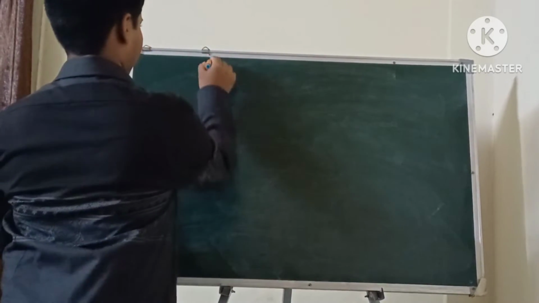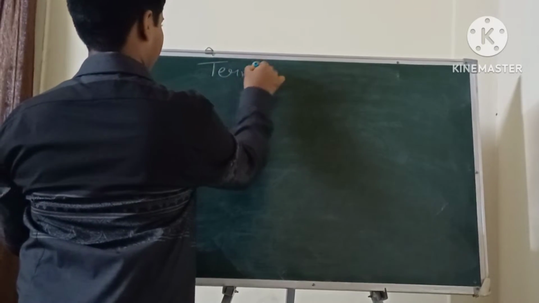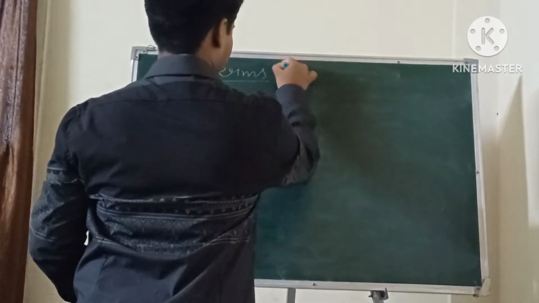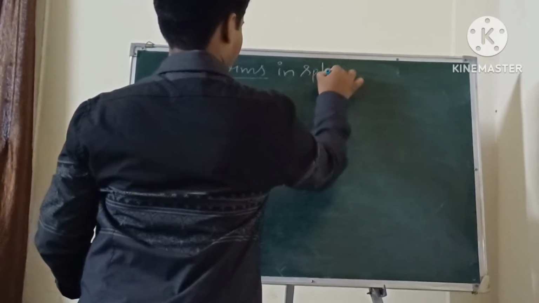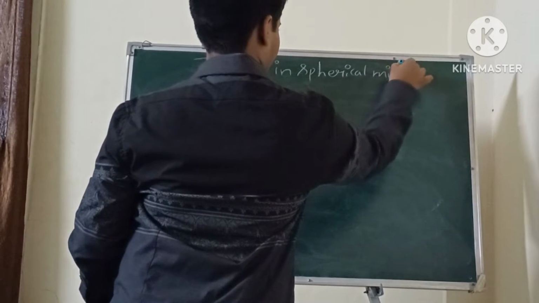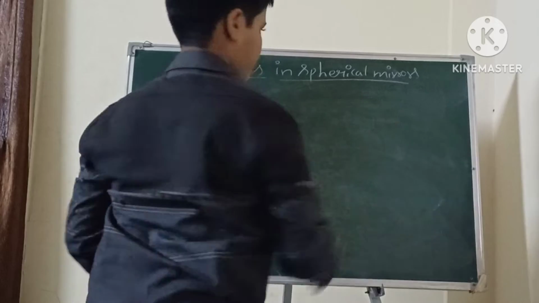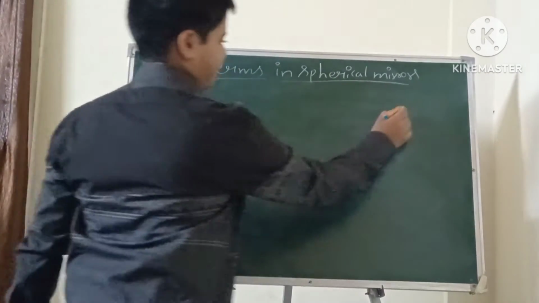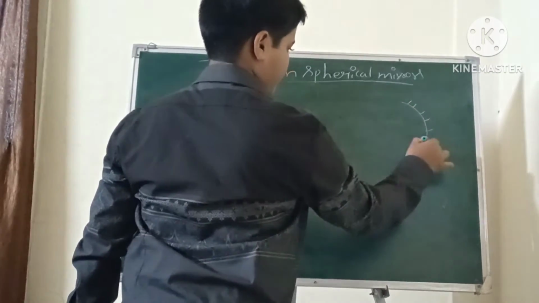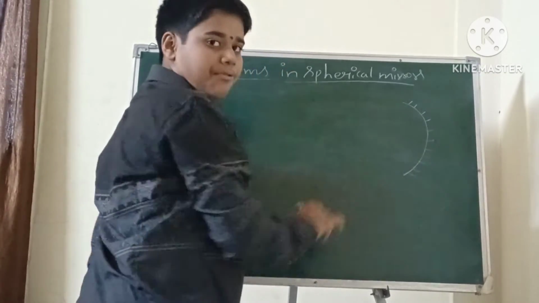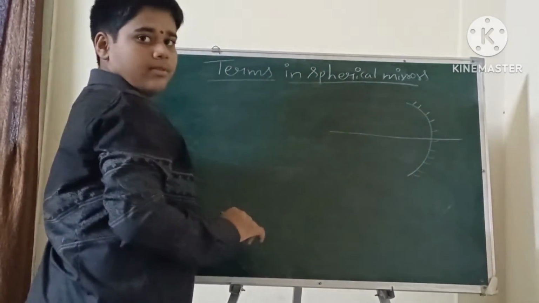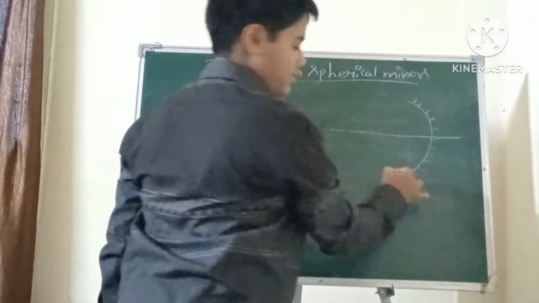And here, the terms used in spherical mirrors. Here I am taking a spherical mirror, with the rough surface outside and the striking surface inside. I am passing a light ray like this in the middle of this mirror.